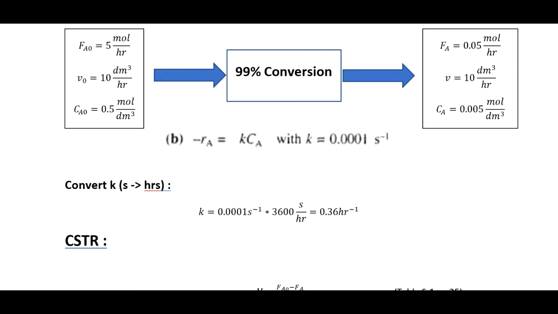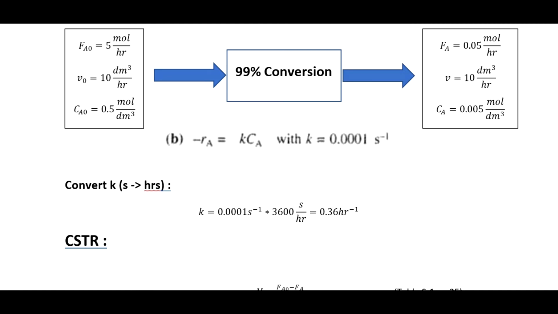For problem B, we're working with the rate function, negative r sub A is equal to k C sub A. This is a first order reaction with the constant k equal to 0.001 seconds to the negative first power. The first step in solving this problem is converting seconds to hours.